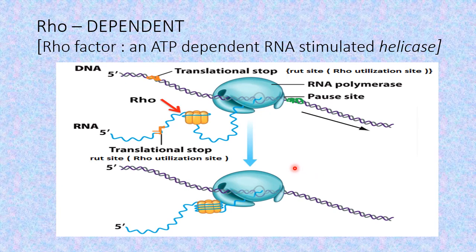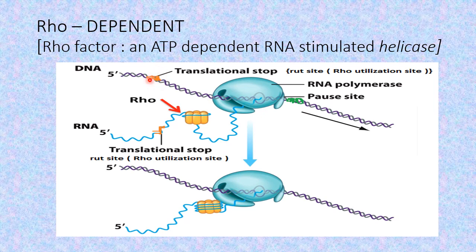Now as this name suggests, this Rho factor binds to the RNA molecule that is formed as a result of transcription. For the genes in which the termination involves this Rho factor, there are certain specific translational stop sequences known as the RUT site on the DNA double helix. RUT stands for Rho utilization point or the Rho utilization site.